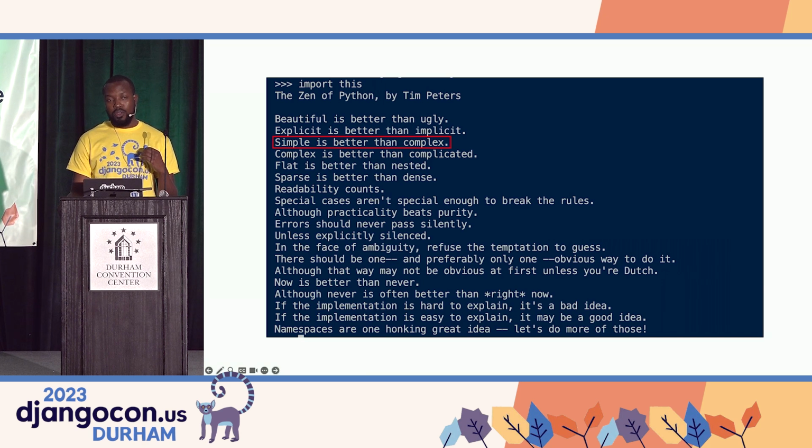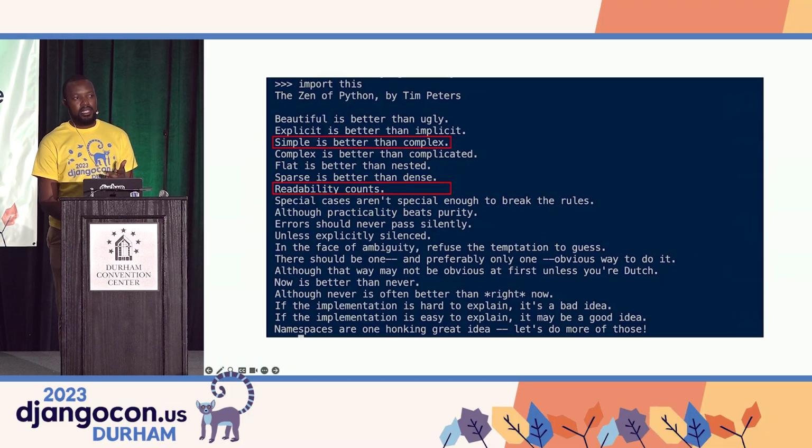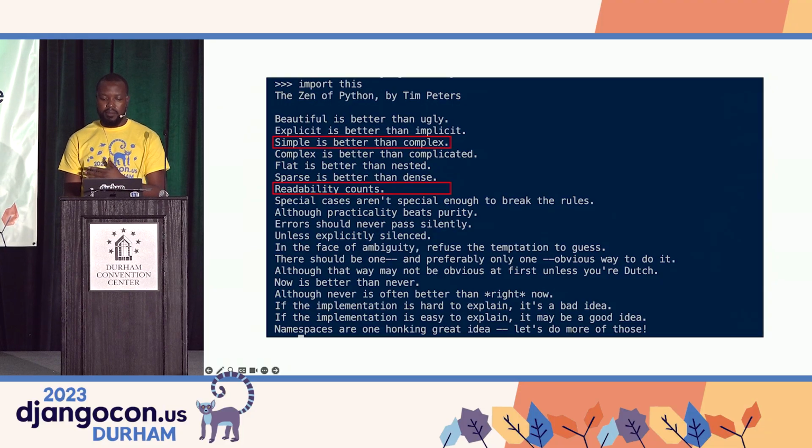And if your code is not clear enough, that might introduce bugs into your project. The other thing that I like is the fact that readability counts. Like I said before, you're also writing the code for the human being. So you have to keep that in mind.